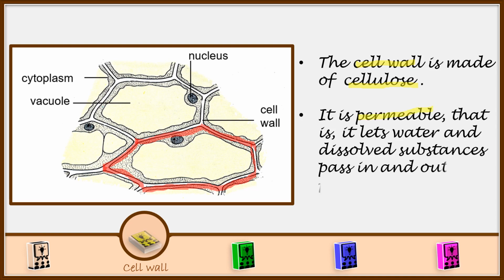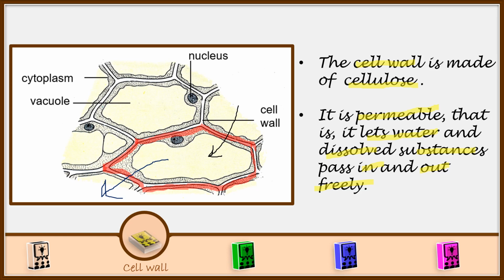It is permeable. That is, it lets water and dissolved substances pass in and out freely. It can allow substances to enter. At the same time, it can allow substances to go out of the cytoplasm because it is permeable.